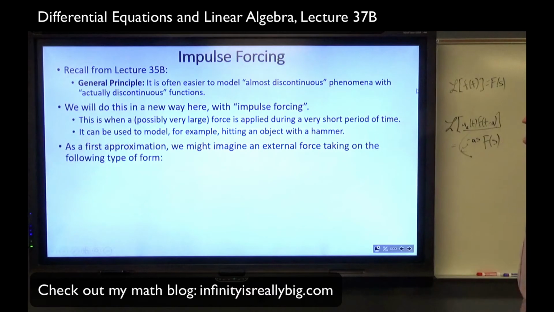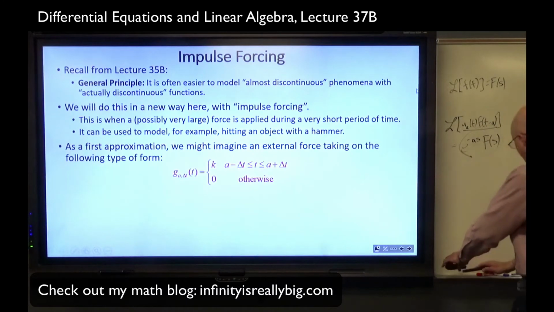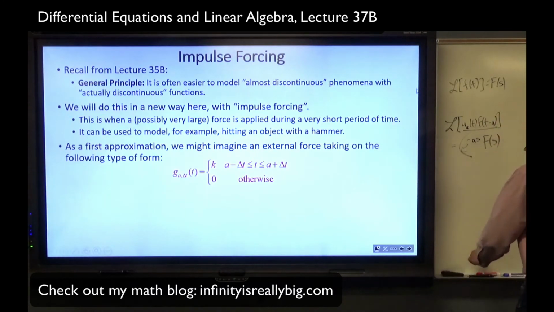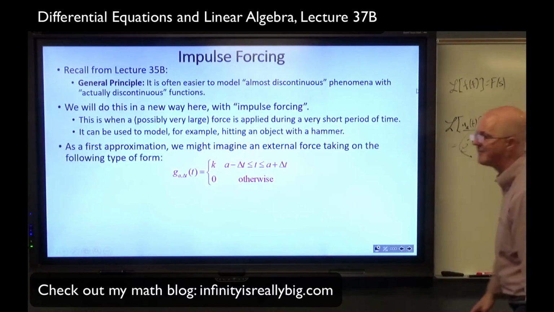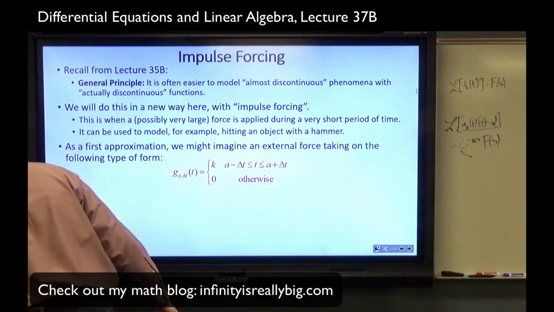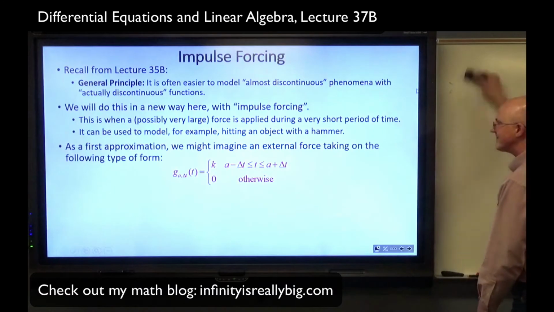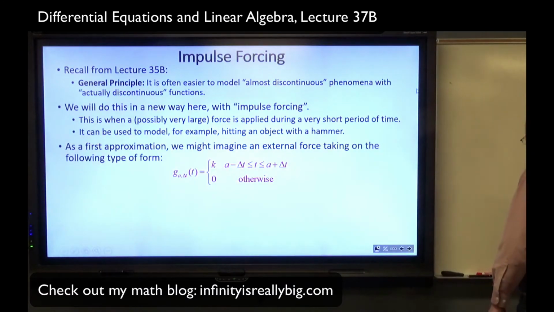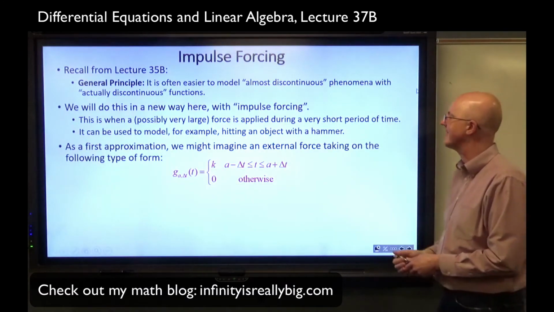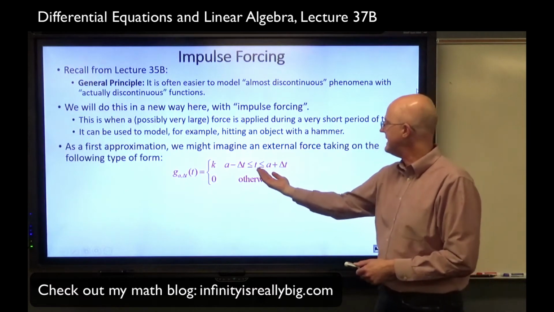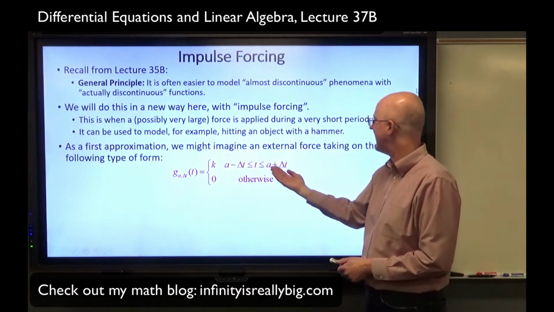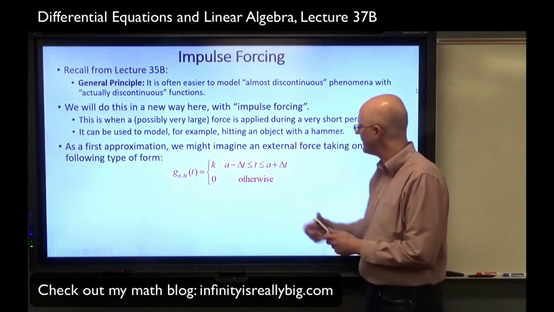As a first approximation, we might imagine an external force taking on the following type of form with this type of piecewise formula. This is a discontinuous function if I write it like that. G sub a, delta t equals some positive constant k when time t is between a minus delta t and a plus delta t, and 0 otherwise.